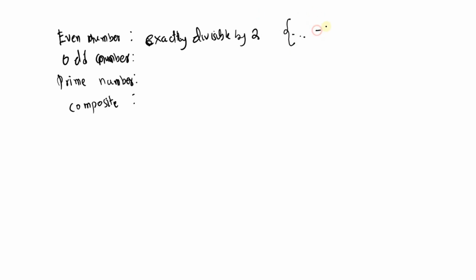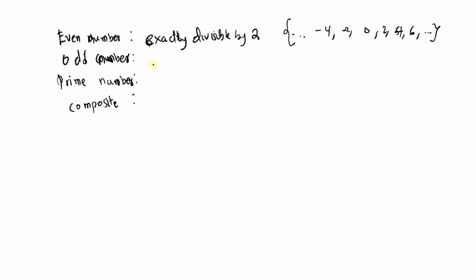So we can have -4, -2, 0, 2, 4, 6, and so on. This is a set of even numbers. Sometimes people argue whether 0 is an even number. So what do you think? Is 0 an even number? Just give your comments under the comment section.